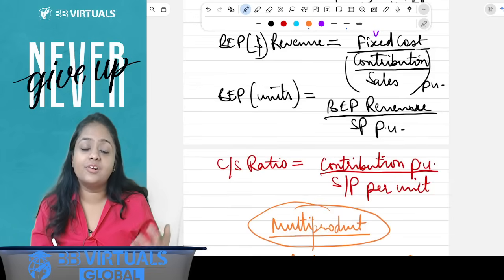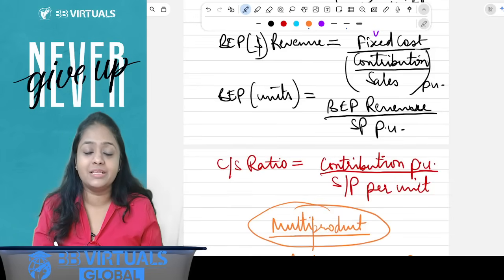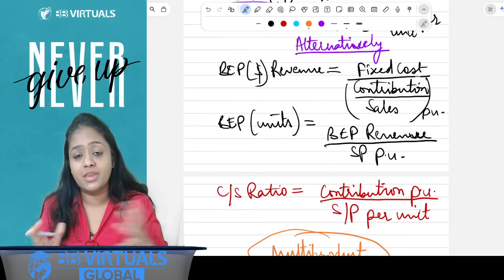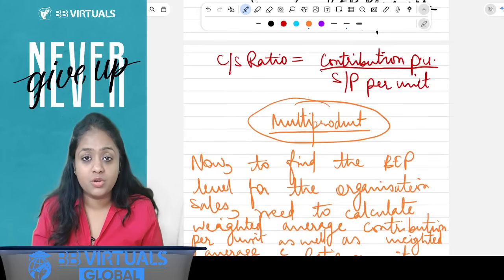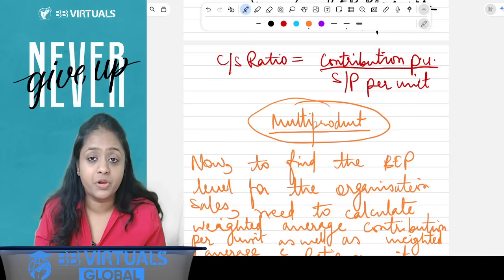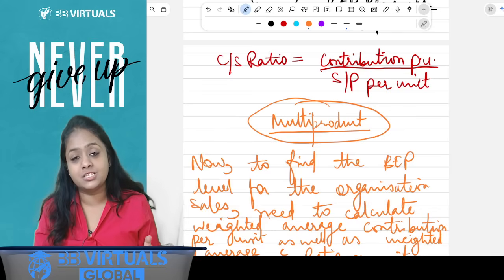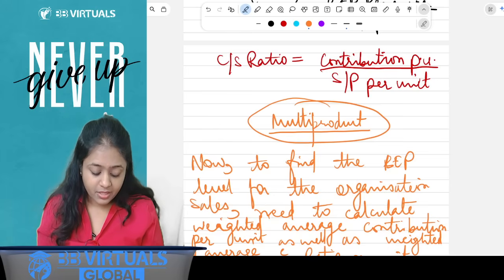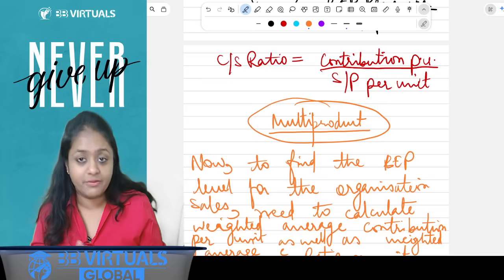And if you want to calculate break-even point in units from revenue, simply divide this revenue by selling price per unit. Any of the ways you can calculate these two values. Now CS ratio, we know it is contribution per unit by selling price per unit. We never calculate total contribution by total sales value. We always do contribution per unit by selling price per unit, because we are calculating the break-even point, so we are calculating the unit levels only.